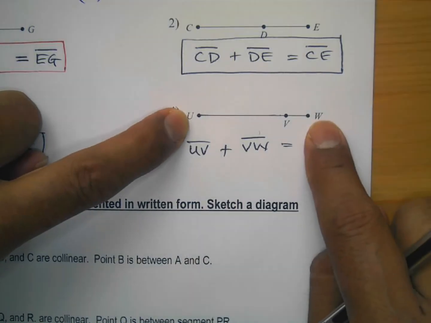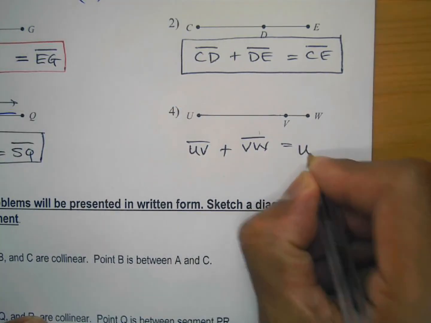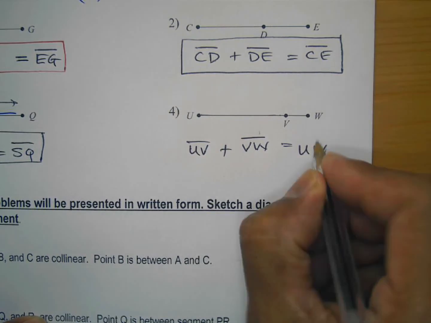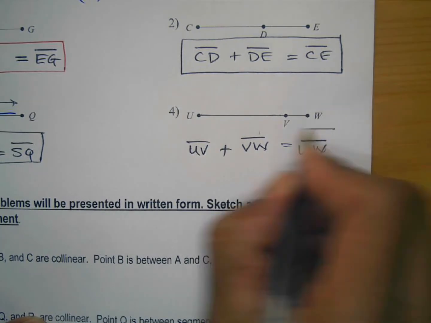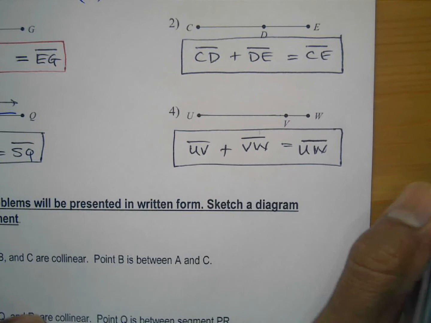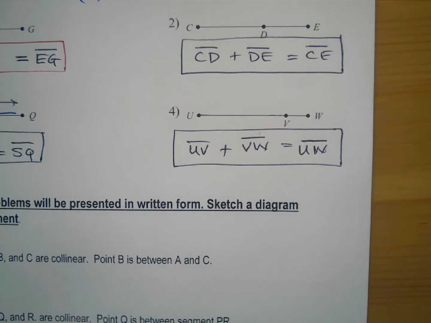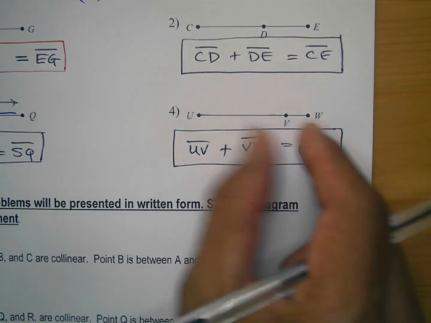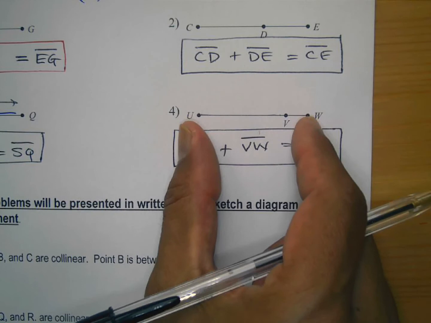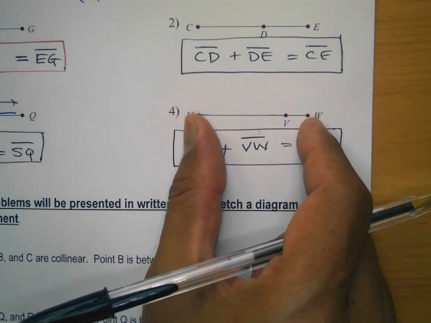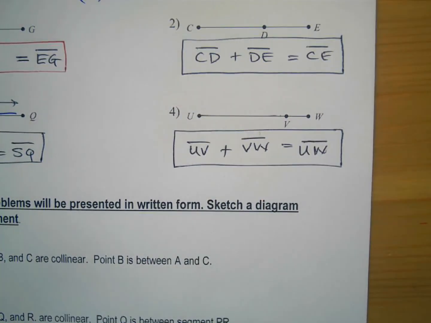UW or WU, right, the whole thing. That's what we're understanding that's happening here. That is the definition of the segment addition postulate. That this segment combined with this other segment will add up to the entire segment.